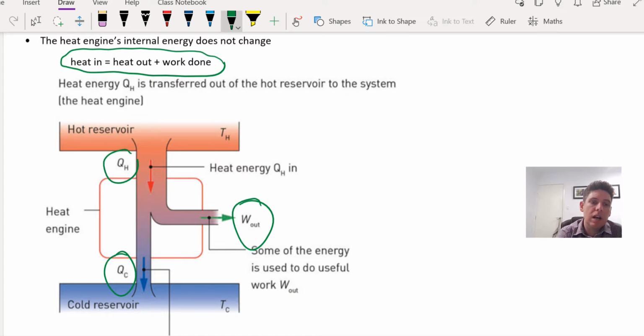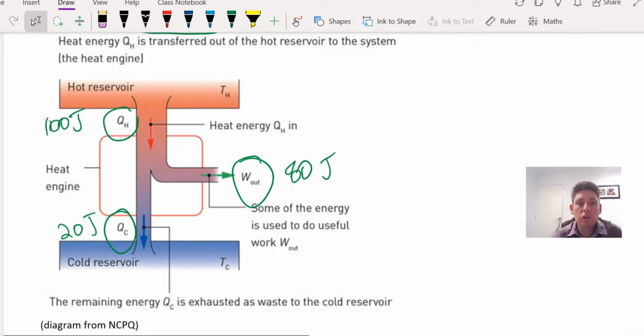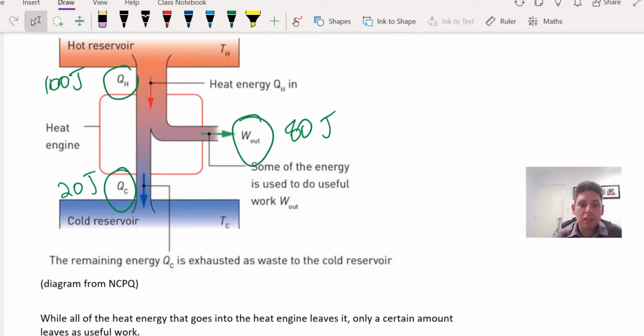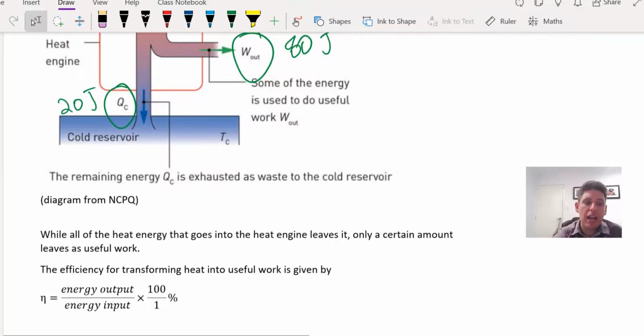So if the heat in was 100 joules, and the heat out was 20, you can figure out the work done. So it would be 80 joules. We can also look at the efficiency of this engine. We need the work out, that's the energy output, over the energy input.